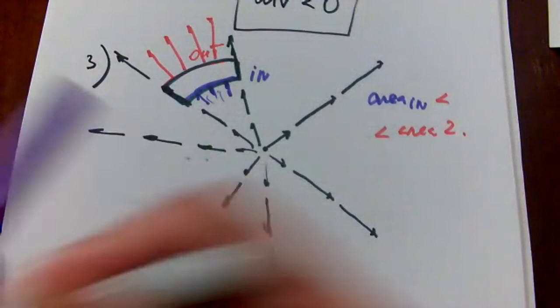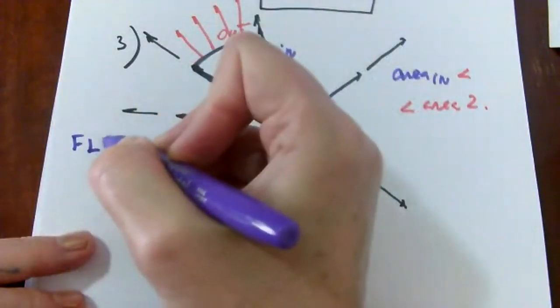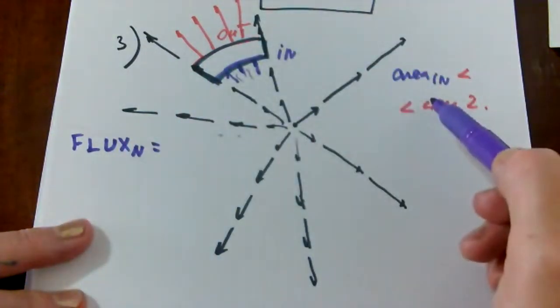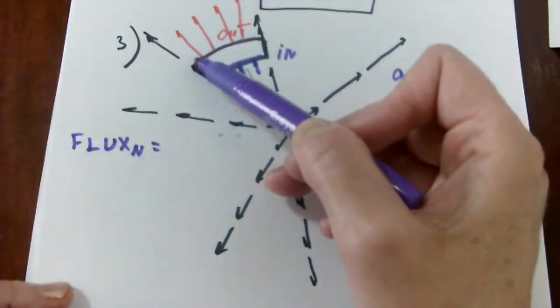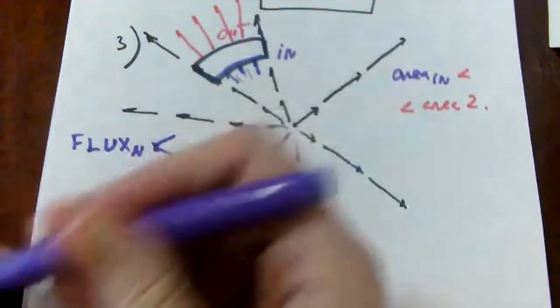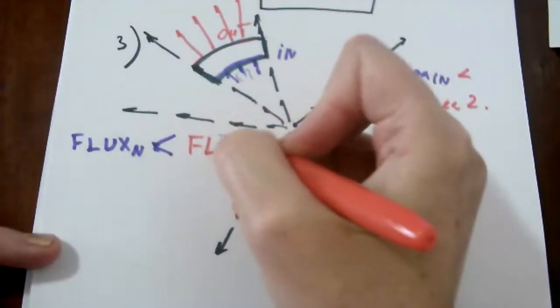What about the fluxes? This lilac flux in is the shortest vectors times the area. And the red flux is this biggest area times the biggest vectors. Of course, it's pretty obvious that flux in is smaller than flux out.